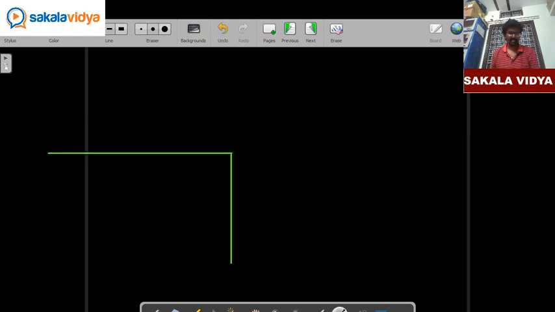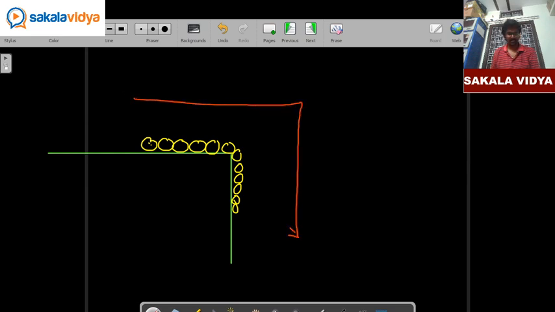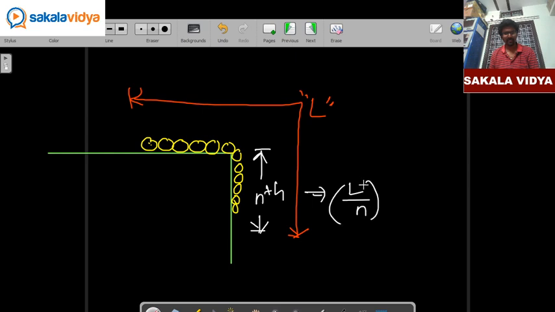This is our horizontal table on which a chain is placed, and the total length of the chain is L. For this chain, the nth part is hanging here. The nth part is nothing but length by n, L by n.